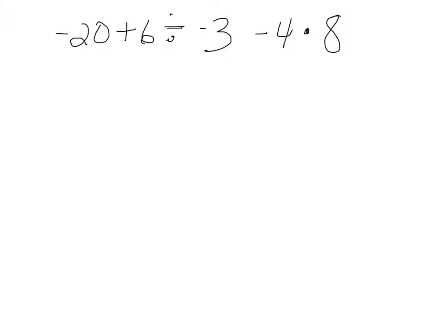Following order of operation, we have no parentheses. We don't have any exponents to work with. So we want to look for any multiplication or division from left to right. As we follow along, our first multiplication or division is right here in the middle. 6 divided by negative 3.